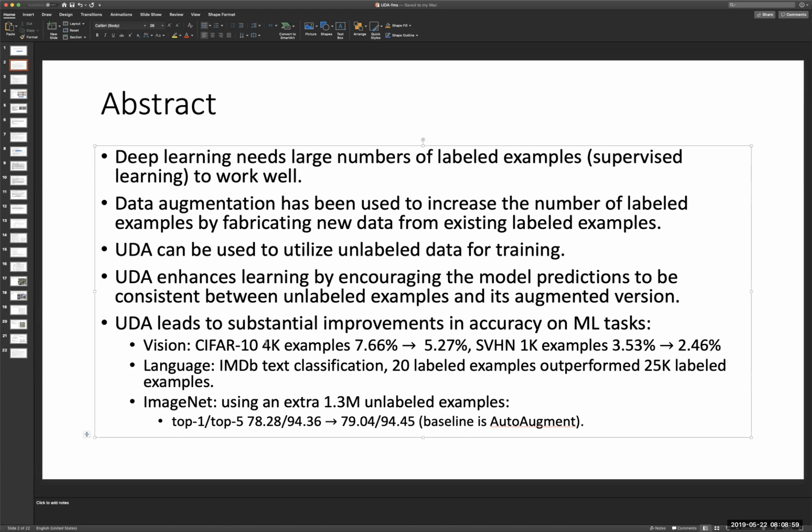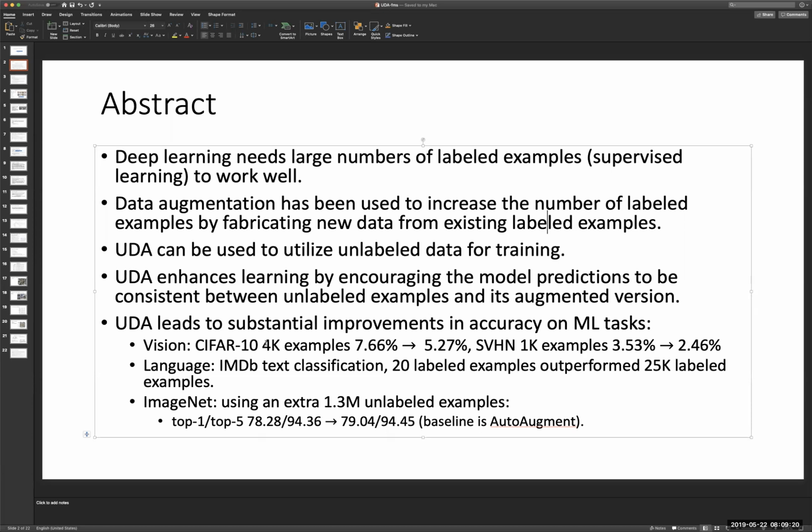In the language domain, one of the principal successes has been its application to the IMDb text classification. So that's a data set of movie reviews.